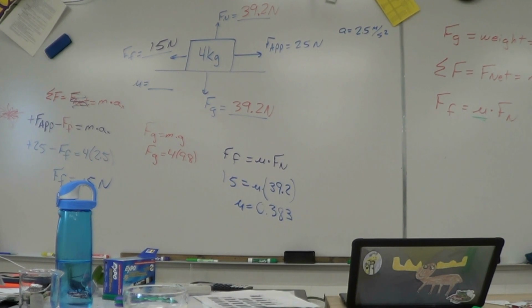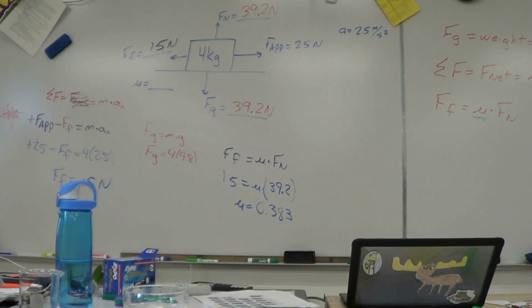He exerts a rightward force of 9.13 newtons on his 4.68 kilogram sled to accelerate across the snow. The acceleration of the sled is 0.185 meters per second squared. What is the coefficient of friction between the sled and the snow?